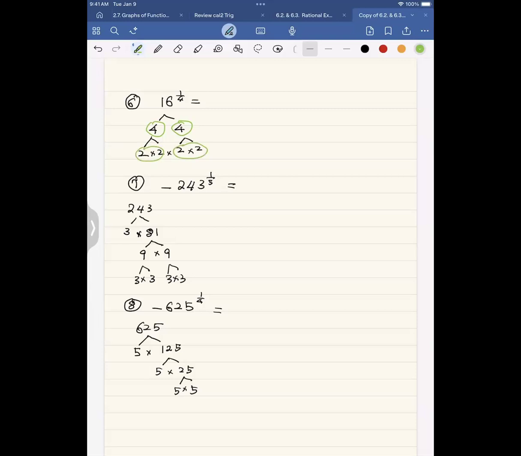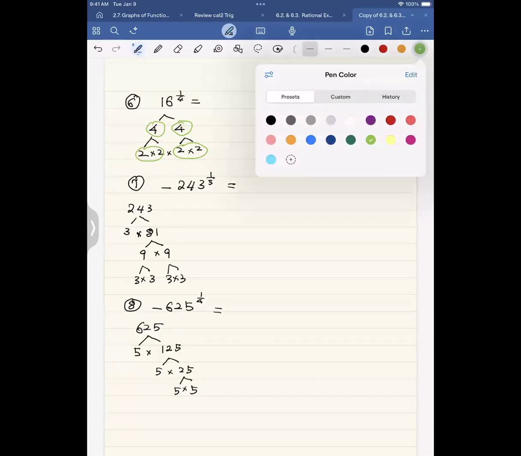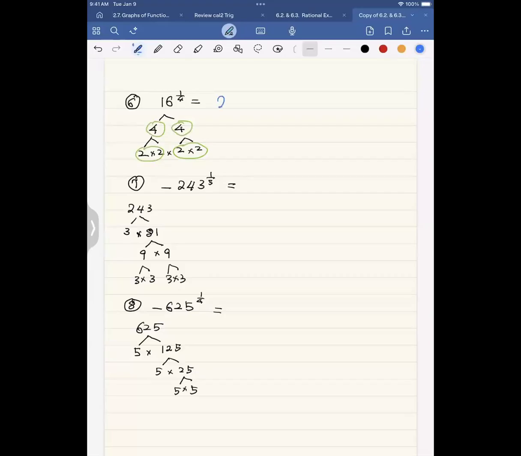So 16 can be written as 2 to the 4th power, to the 1 over 4th power. Because of the same reason, these two will cancel each other, and we have 2 to the 1 power, which is 2.